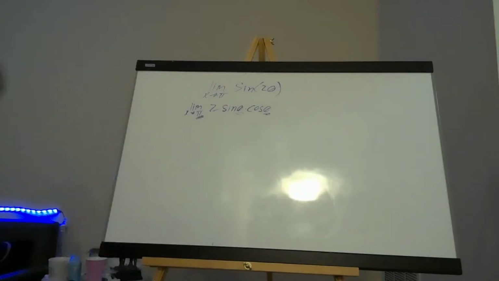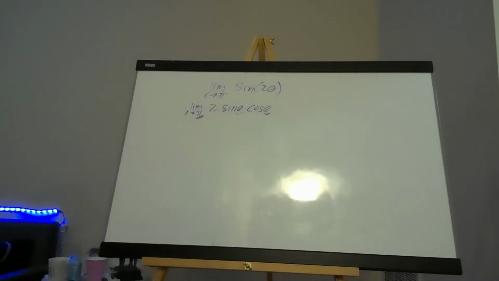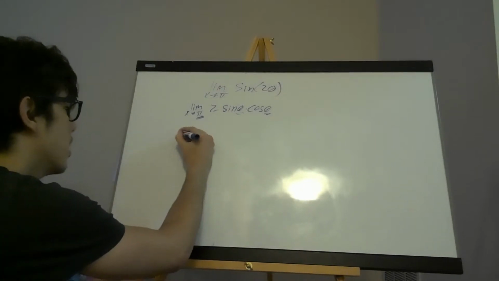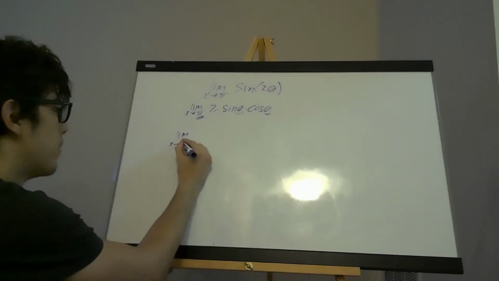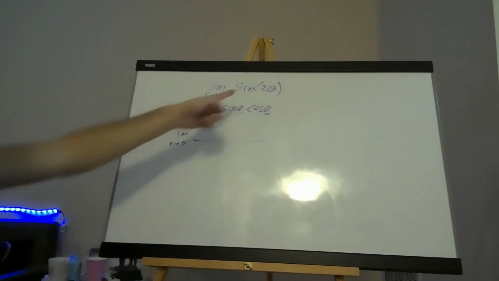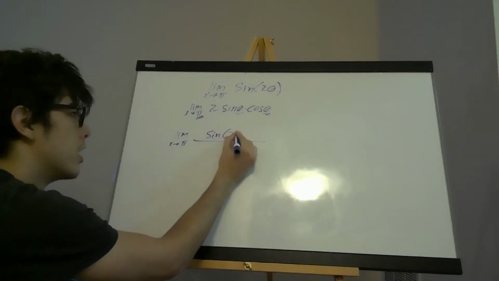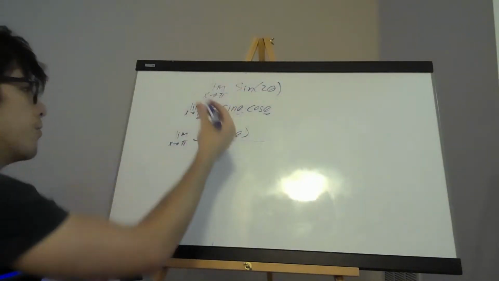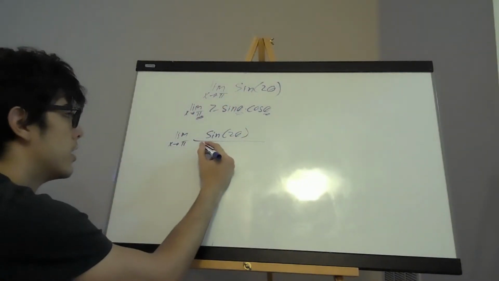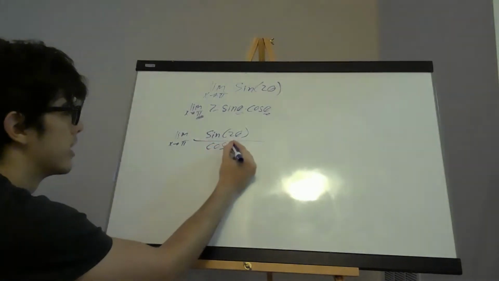Like I was saying, I think that's what you're asking, because this is one of those problems where you're going to probably want to dissect it. An example of a more complicated version of this would be the limit as x approaches pi for, and you're probably going to be given it in this form right here, sine of 2 theta over, I don't know, let's think, we'll just say over cosine theta.